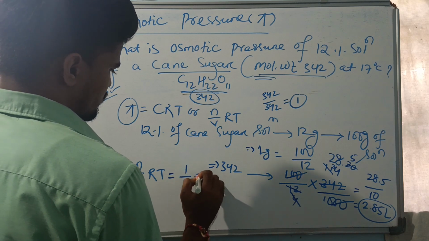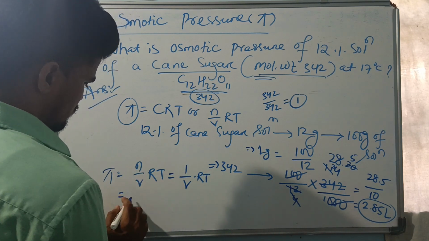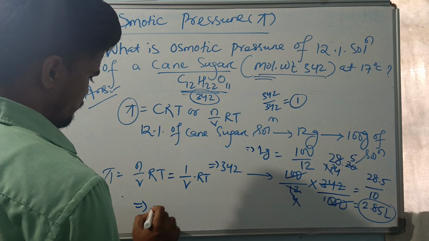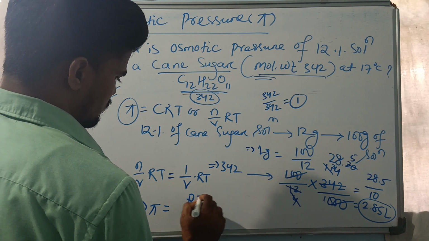So pi is equal to 1 upon V into RT, which implies pi is equal to RT upon V.